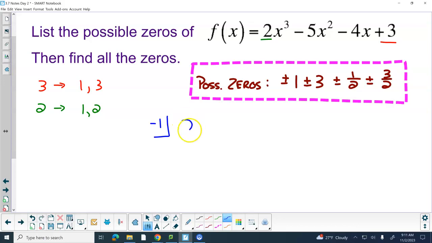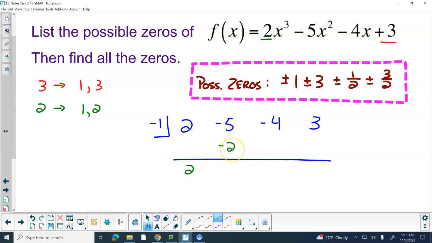Coefficients were 2, -5, -4, and +3. 2, multiply, -2. Add, -7. Multiply, +7. Add, +3. Multiply, -3. Gives me 0. Okay.